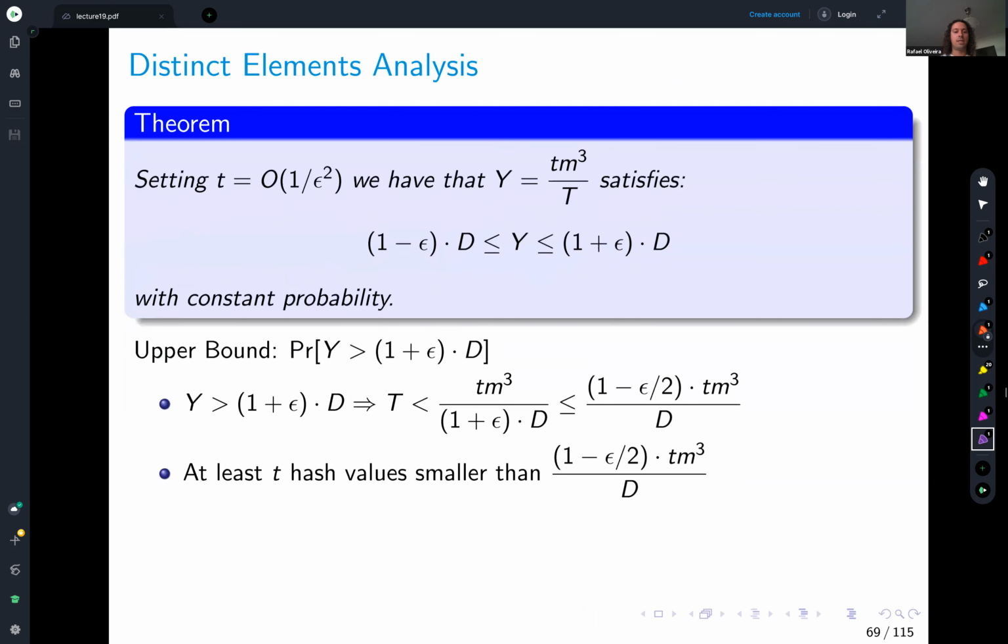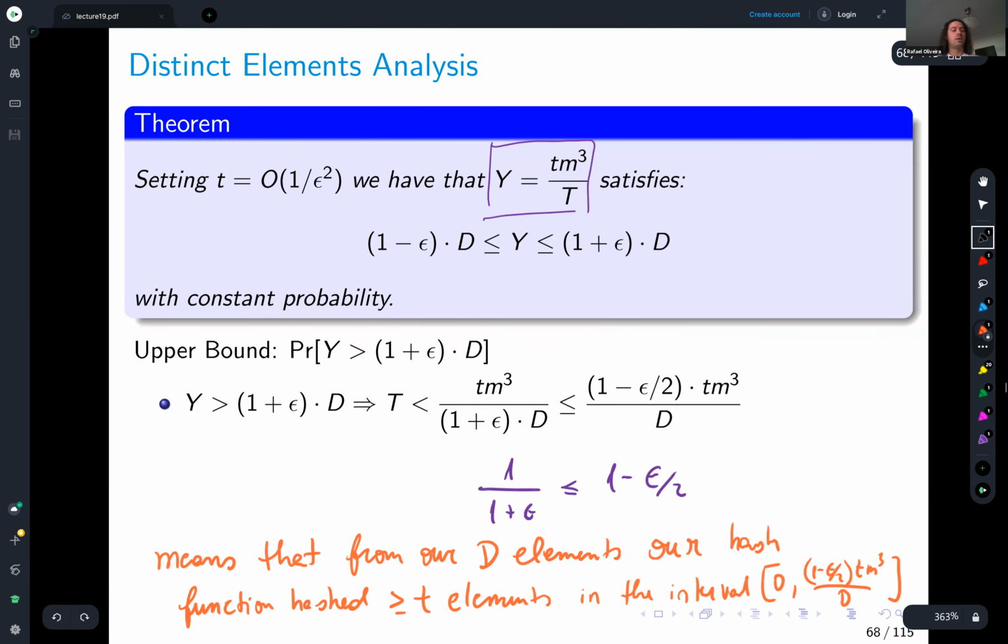And in here, you can see again the intuition for why we are using the hashing. When we hash this way, we have no control over the original string. But if we pick a hash function at random, with high probability this hash function is making the distinct elements in our string kind of random. Now, if I had random elements, we would expect them to be evenly distributed with high probability.